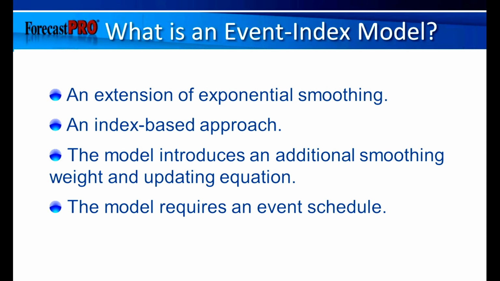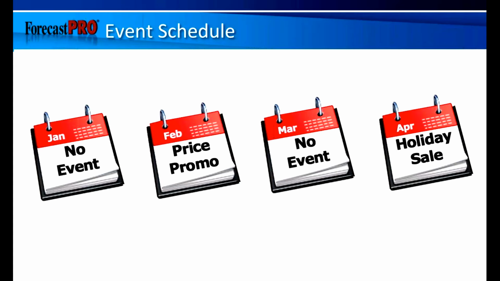What an event schedule does is it's essentially a record of when things have happened historically and when you expect them to happen in the future. So in addition to maintaining a demand history, you also need to maintain a record of when your events have happened and when you expect them to be happening in the future.